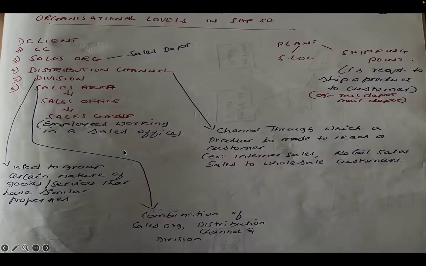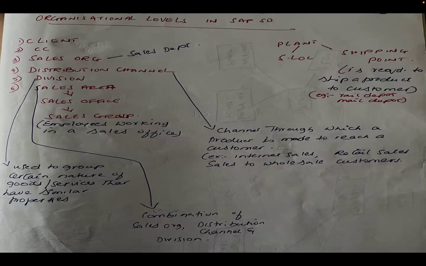Now, if I have to provide you an example, as I said, distribution channel will be the medium through which we are reaching out to our customer. As I said, like I have a retail seller or a distributor. Then the online, I have an online platform wherein I'm selling my products to my customer.